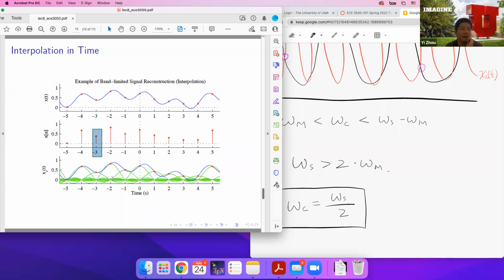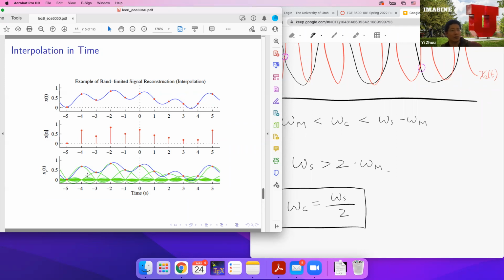And if you look at here, negatively, you have a discrete sample with a smaller magnitude. So right here, you have another sinc signal that is centered at this location, and the magnitude is scaled by such a discrete sample. So it is a lower sinc signal with a lower magnitude. So at every such discrete sample, you generate such a scaled sinc signal centered at this location.